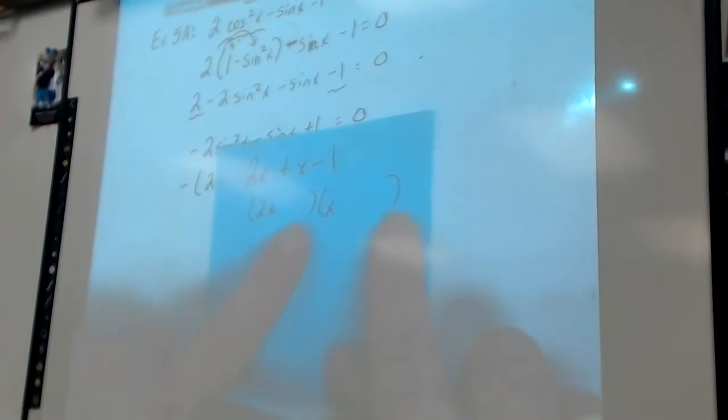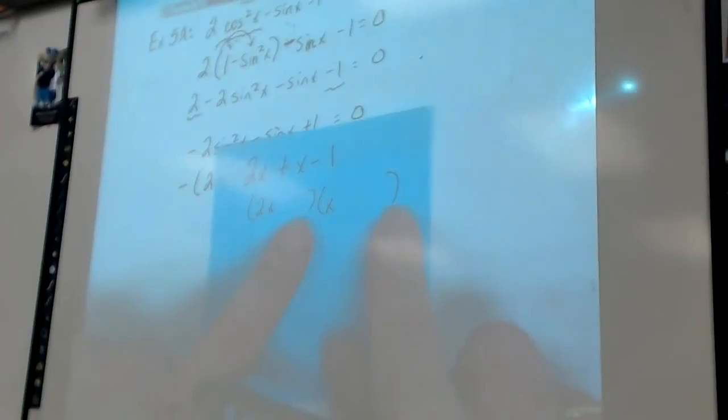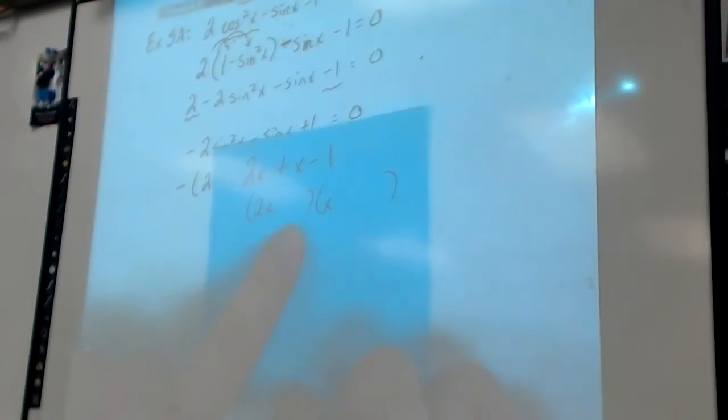Then I need two things that multiply to give me negative 1, but when I do my outside and inside and add them together, I get a positive 1. It's got to be 1 and 1, right? That's the only thing that will multiply. And we want 2 negative ones. Well, if we do 2 negative ones, then we'd have positive 1 here. So the 2 needs to be positive and 1 needs to be negative.